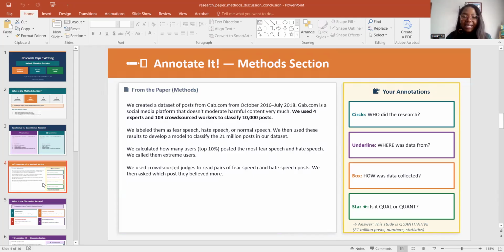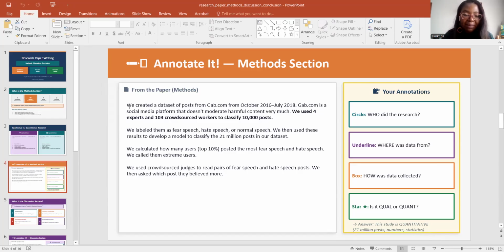Right. So let's look at this because I think when you see it in a research paper, it's easier to analyze. So if you look here, this is an example of the methods of a research paper. Okay. So in here, the author says, we created a data set of posts from gabs.com from October 2016 until July 2018.